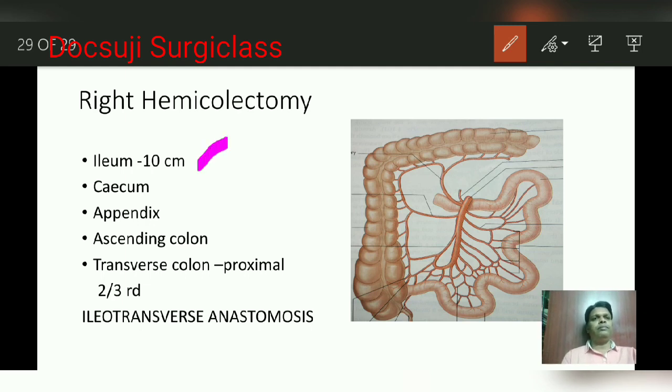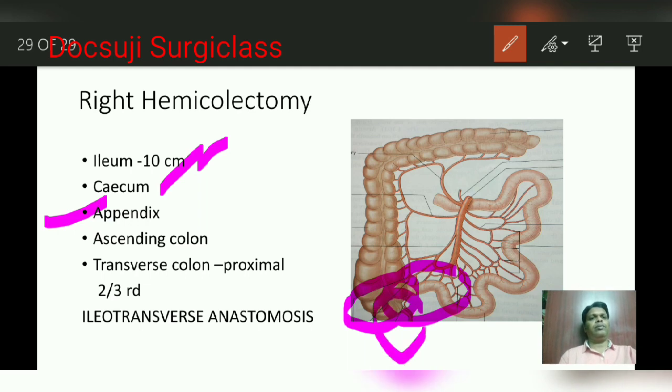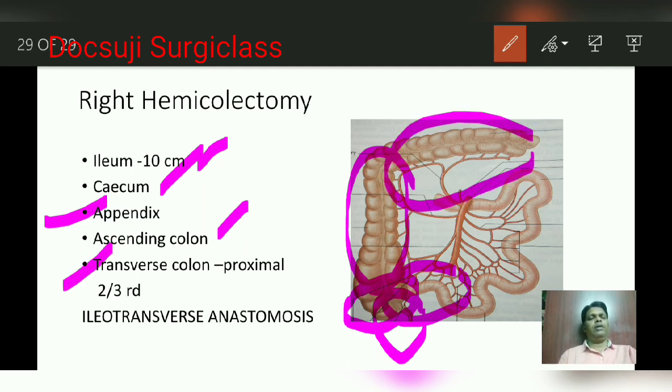First, the distal ileum, the terminal ileum 10 centimeters, then the cecum, then the appendix, then the entire ascending colon, then the transverse colon, that is the proximal 2/3 of the transverse colon. In the olden days they used to remove only the proximal 1/3 of the transverse colon. Nowadays we are doing the proximal 2/3.